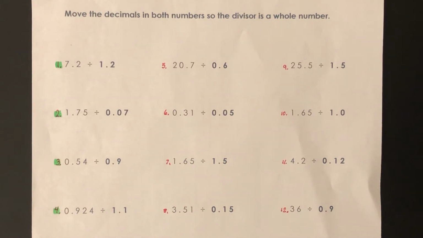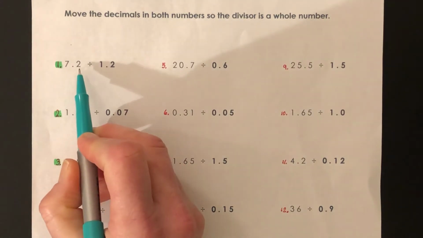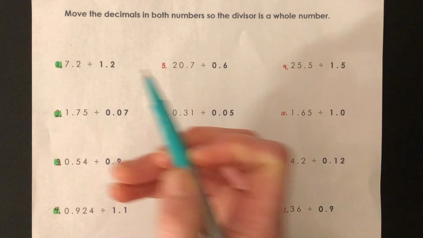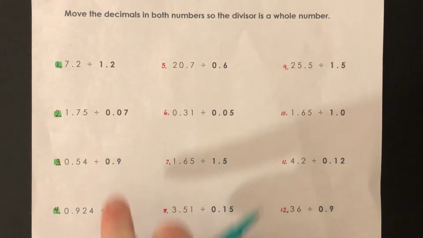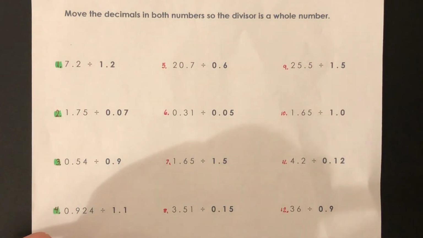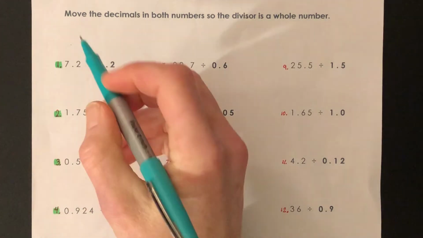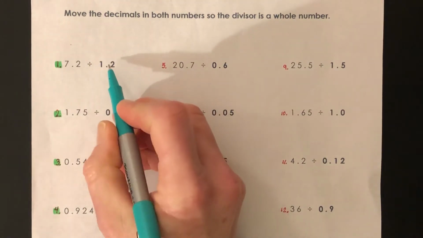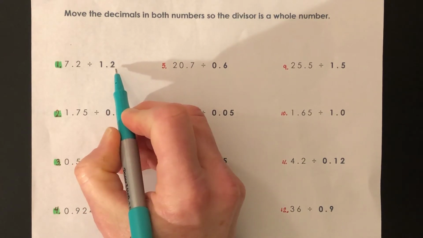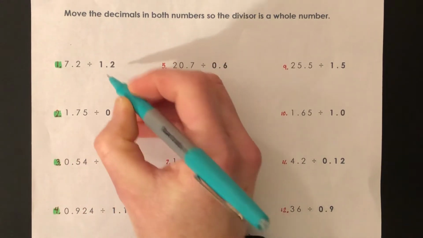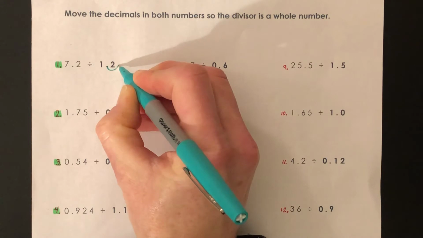So in number 1, I have 7 2/10 divided by 1 2/10. The divisor always comes last, and it's bold on this page, so it stands out. I see that in order to make 1 2/10 a whole number, I've got to move the decimal one place, like that.